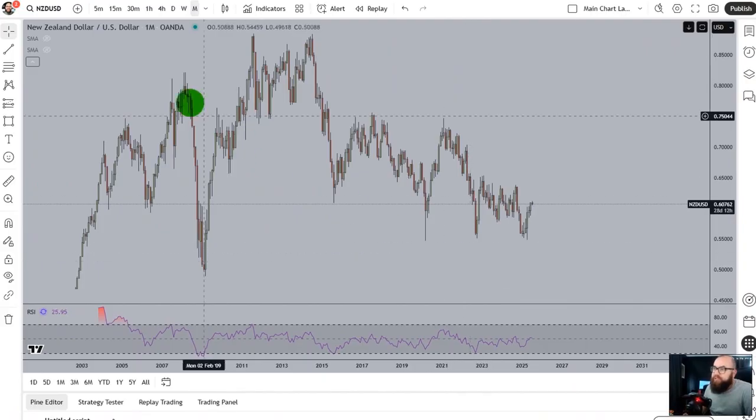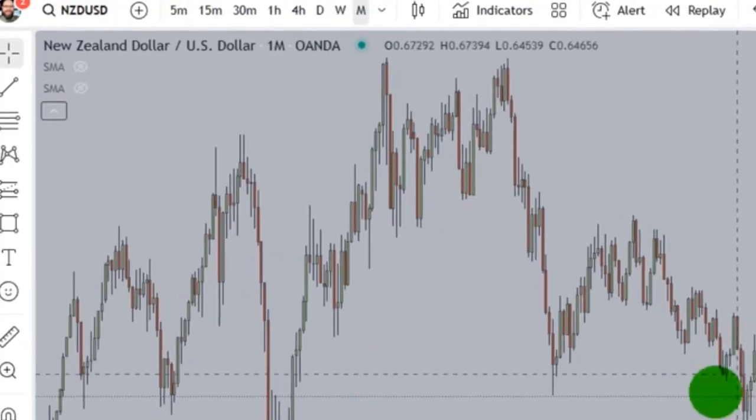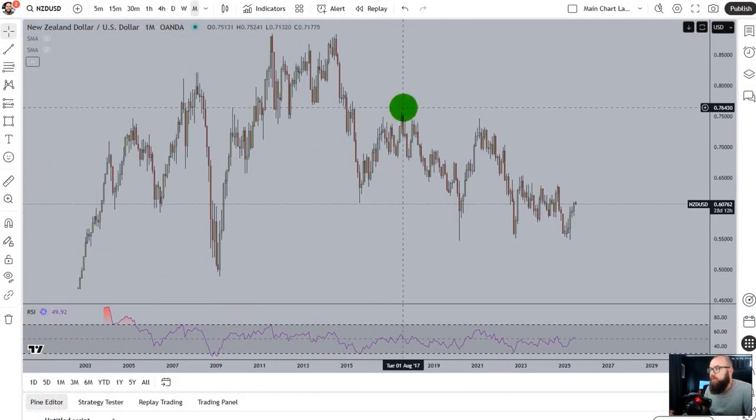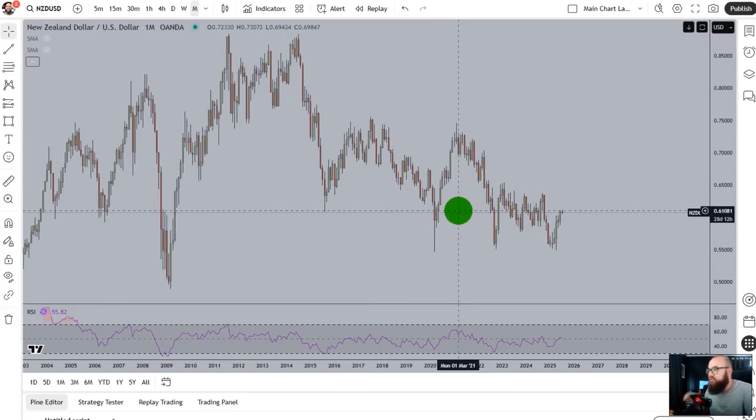So this is New Zealand dollar, US dollar, and it's the monthly time frame. And what we can do here is we can look at historic reversals, and we can mark them as potential horizontal support and resistance areas. And what's interesting, as we mark them, you'll see that they have been used as support and resistance multiple times.